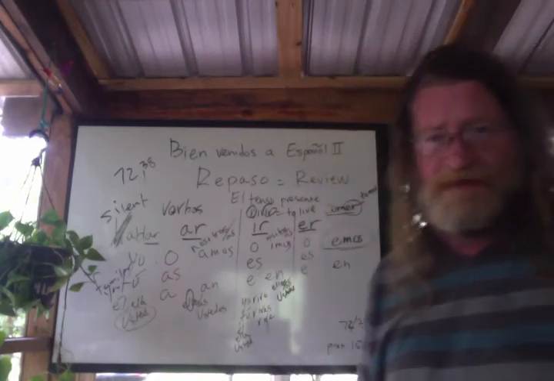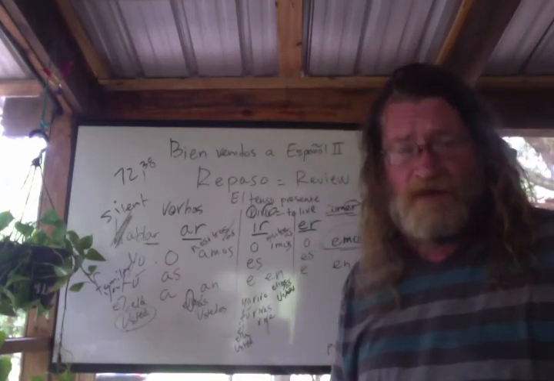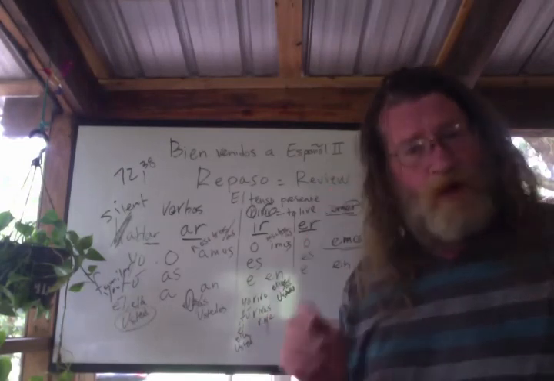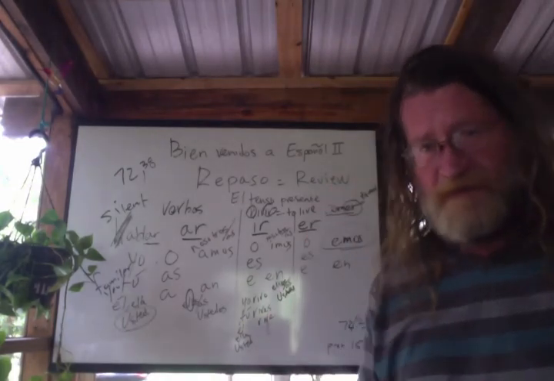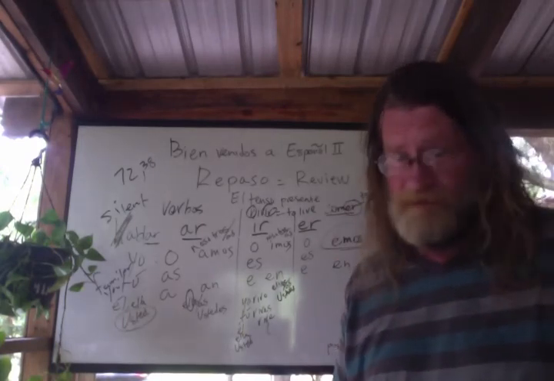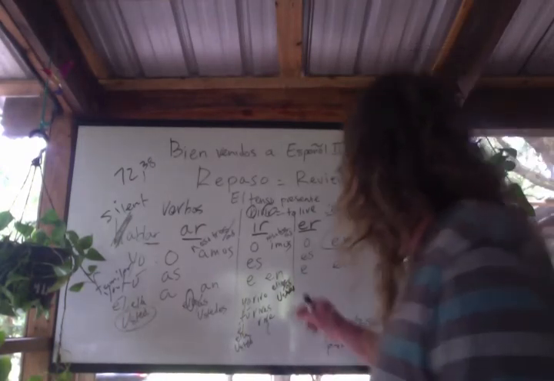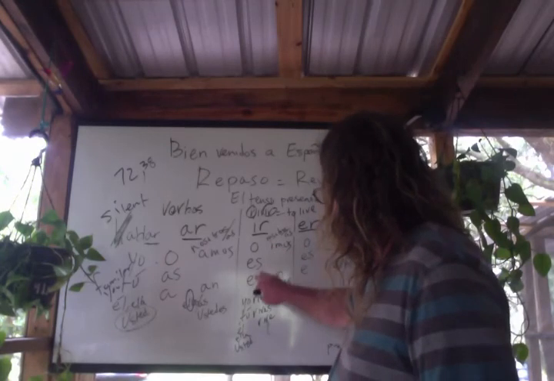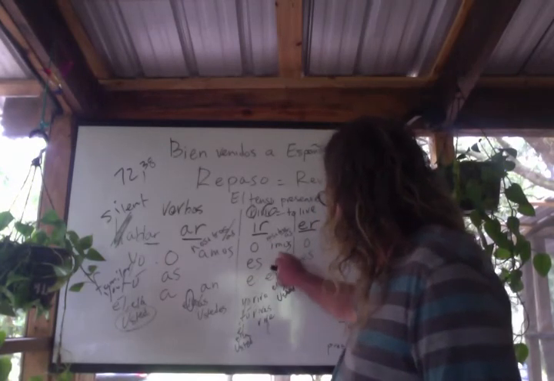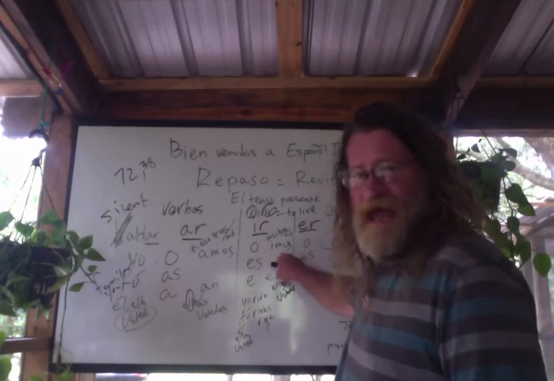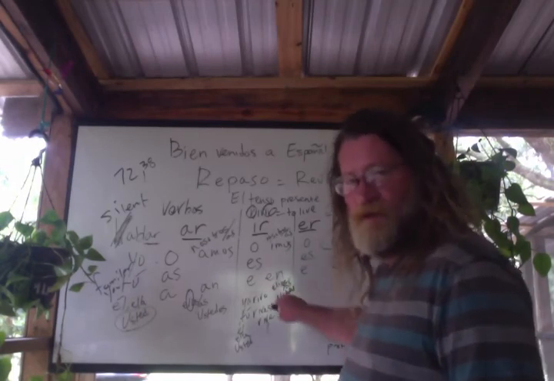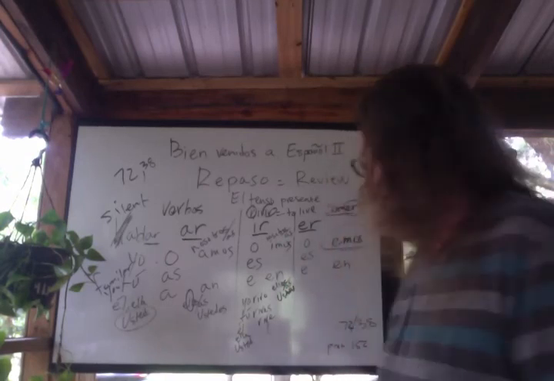Anybody who pronounces them differently has just learned an affect, because our human brains want different letters to say different things, even though that's just not true. Okay? So, yo vivo, tú vives, él vive, ella vive, usted vive, nosotros vivimos, nosotras vivimos, ellos viven, ellas viven, ustedes viven.